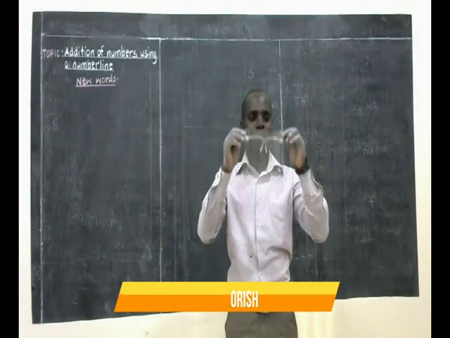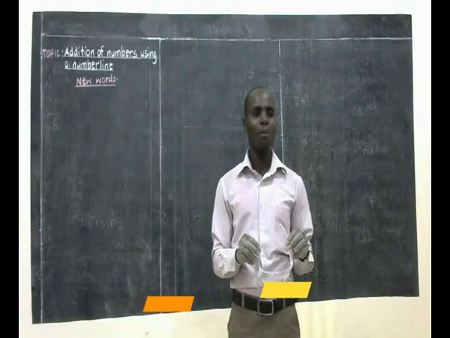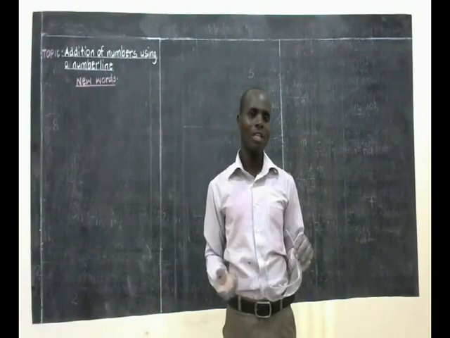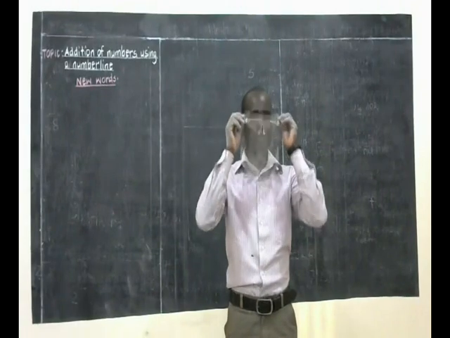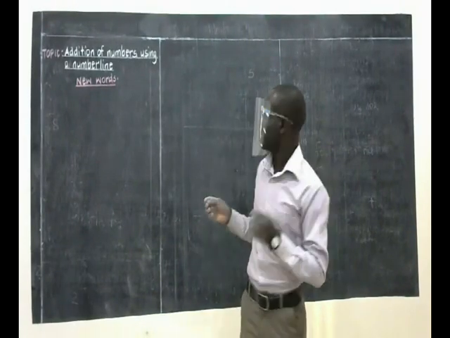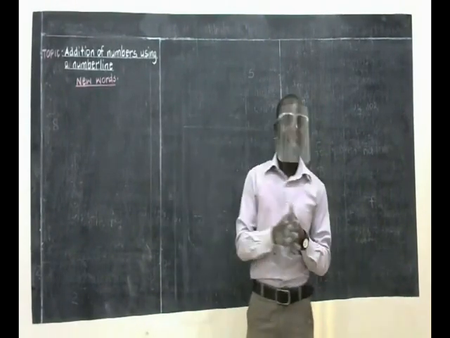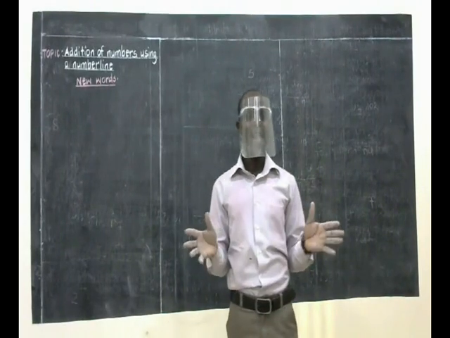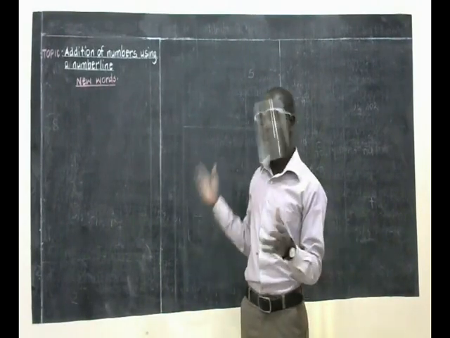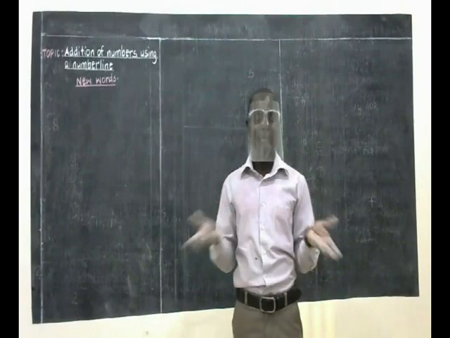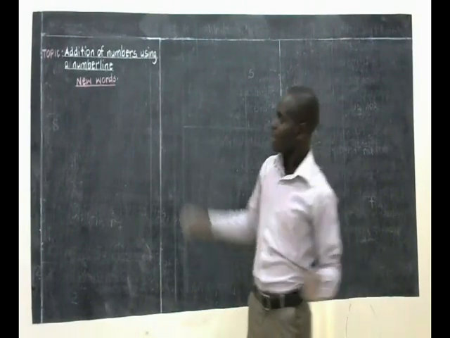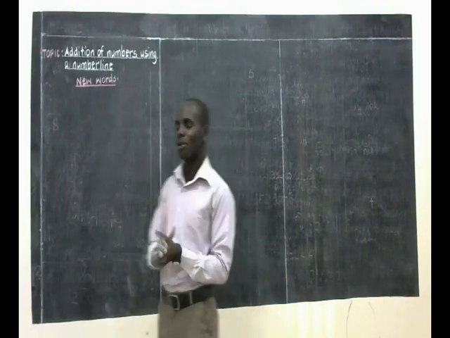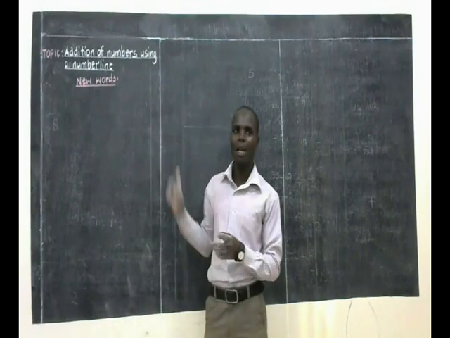This is how you have to put it on, but before you put it on, make sure you clean or sanitize your hands. That is what we have to do. But right now, I am free from anyone having COVID, and I can teach you without the face shield. Right now, we are going to look at addition of numbers using a number line.